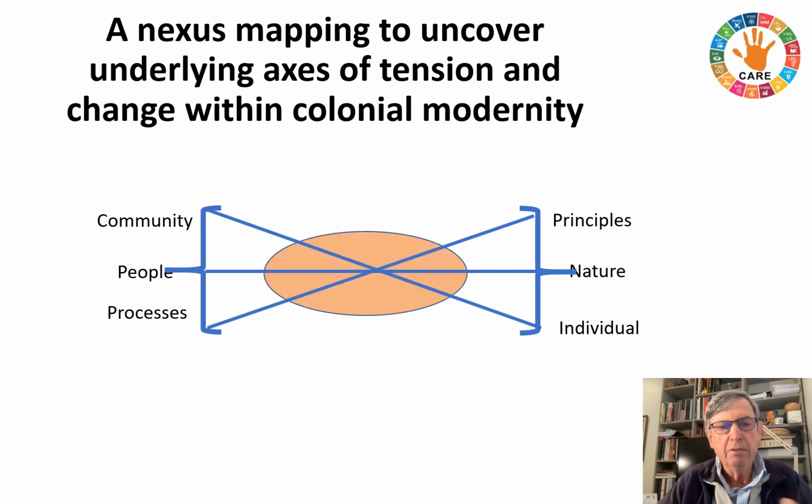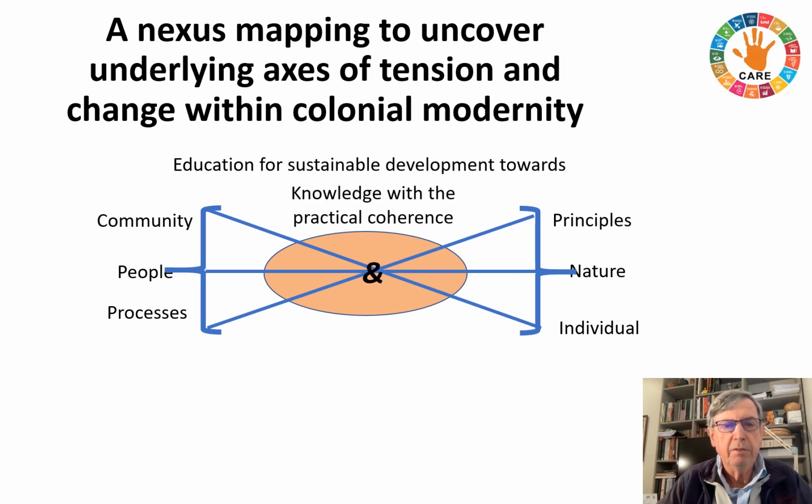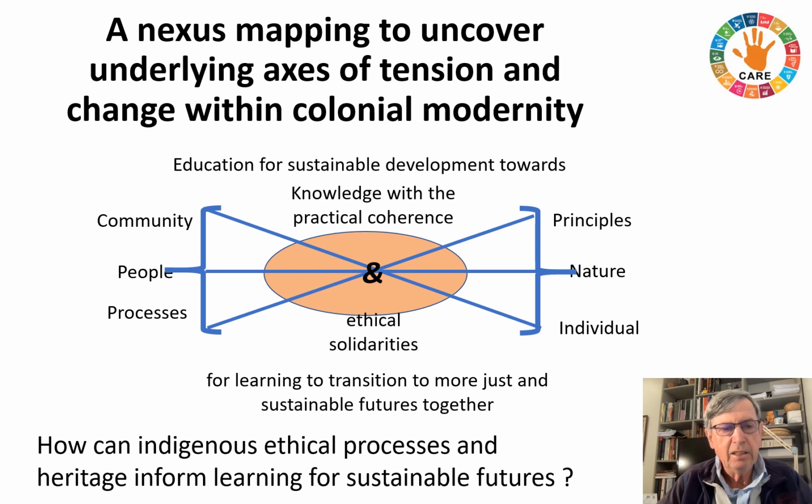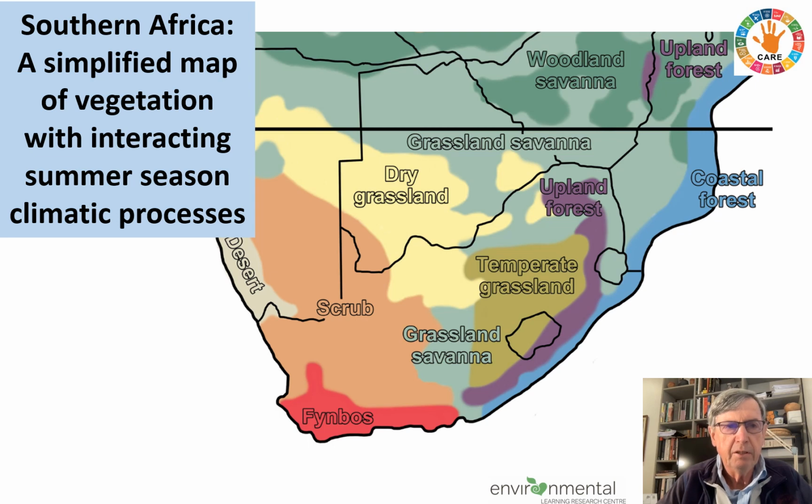And trying to find some middle ground for education for sustainable development towards knowledge with a practical coherence that's relevant for the Southern African context and ethical solidarities that enable ESD work in these contexts for learning to transition to more just and sustainable futures together. So the question is, how can Indigenous ethical processes and heritage inform learning for sustainable futures using a handprint approach?